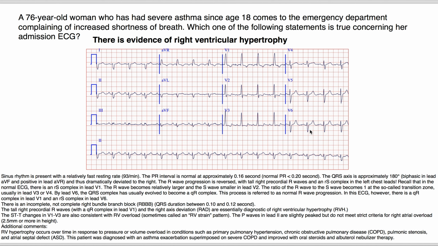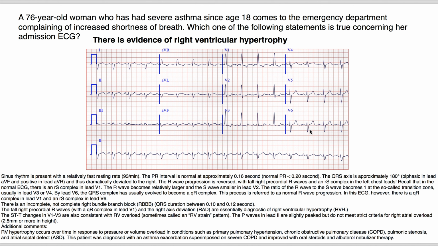The ratio of the R wave to the S wave becomes 1 at the so-called transition zone, usually in lead V3 or V4. By lead V6, the QRS complex has usually evolved to become a QR complex. This process is referred to as normal R wave progression.